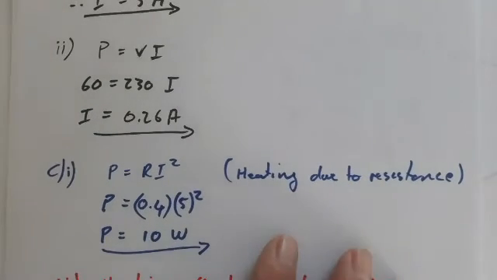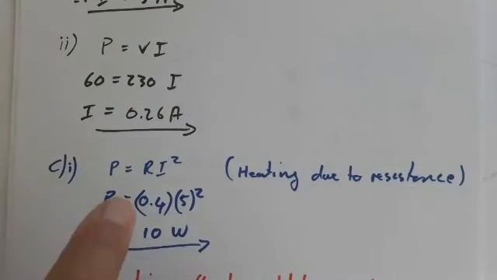This is quite important to know. That's the power loss. So the question they ask is to estimate the power wasted or lost due to the heating effect in the cable.